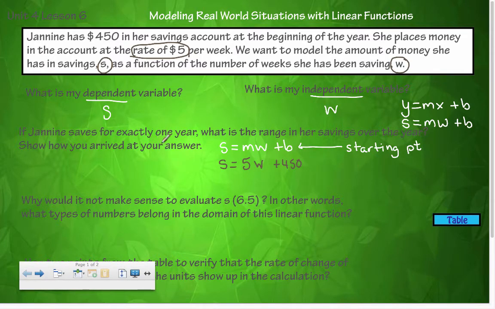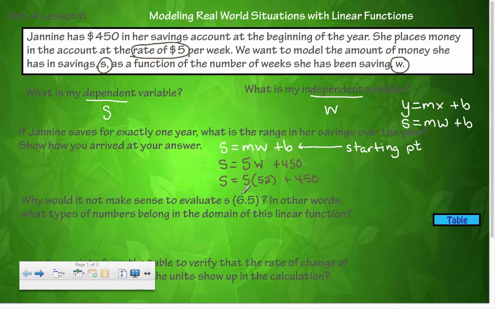So if she saves for exactly 1 year, her savings are 5, well, W is going to be 52 because she wanted to save for a full year, plus $450 that she started off with.